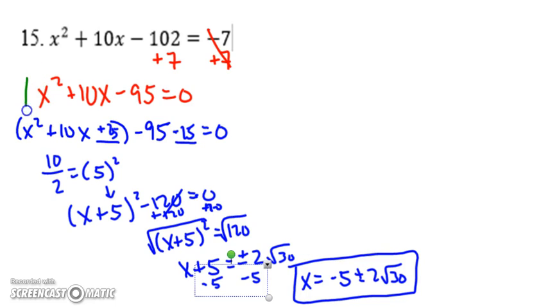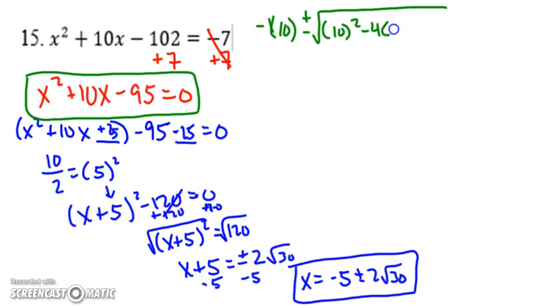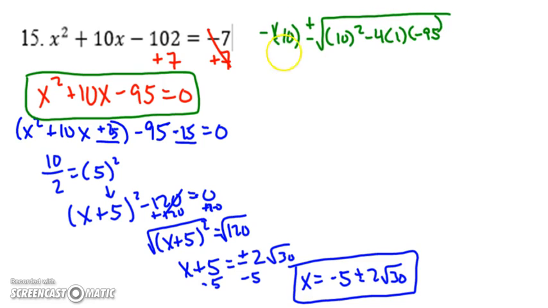So again, we're going to base everything off this equation because we set it equal to 0 there. So we're going to do opposite b, so negative 10 plus or minus the square root of b squared minus 4ac, all over 2 times 1, 2a.